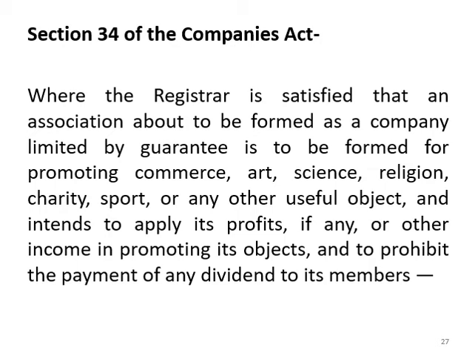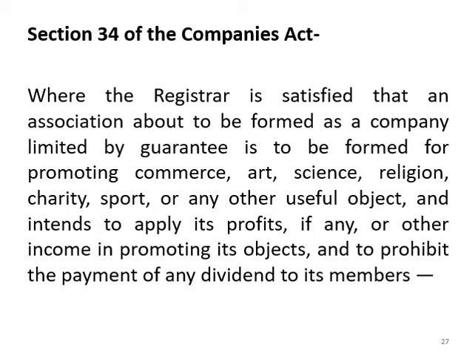When you see section 34 of the Companies Act 2017, where the registrar is satisfied that an association about to be formed as a company limited by guarantee is to be formed for promoting commerce, arts, science, religion, charity, sport, or any other useful object, and intends, so second condition, to apply its profit, if any, or other income in promoting its object, and also third condition, to prohibit the payment of any dividend to its members.